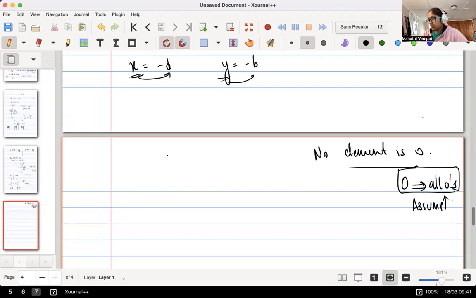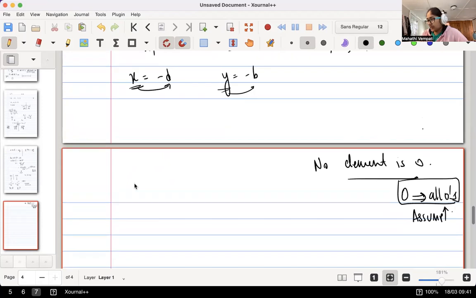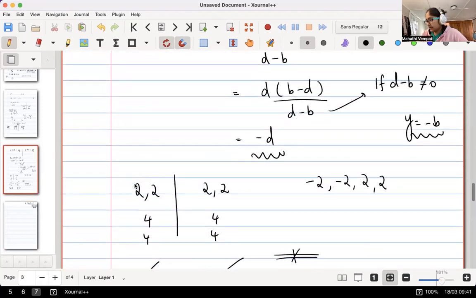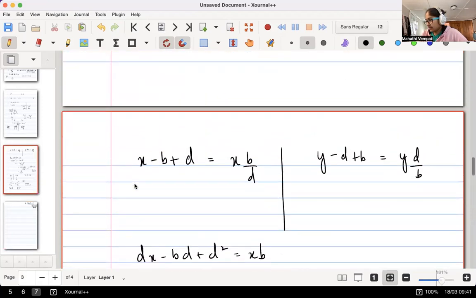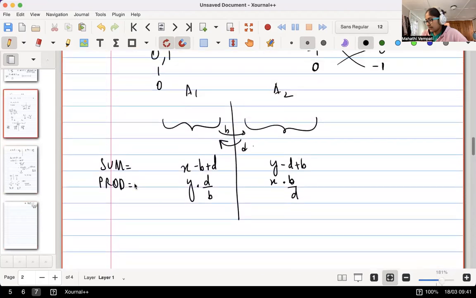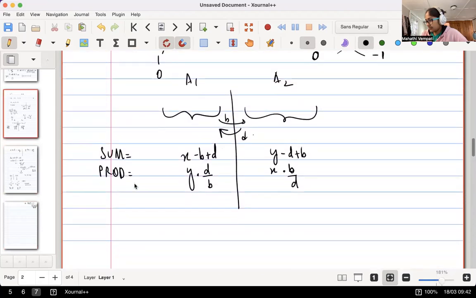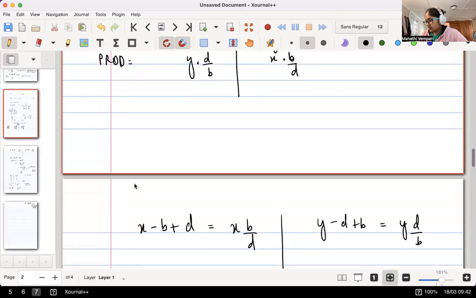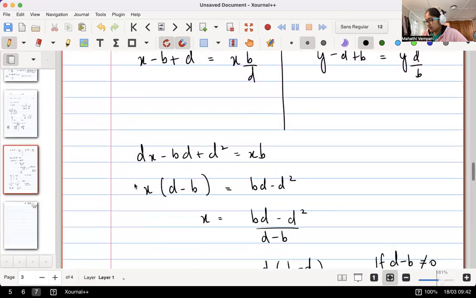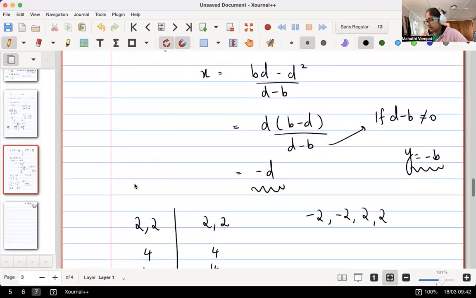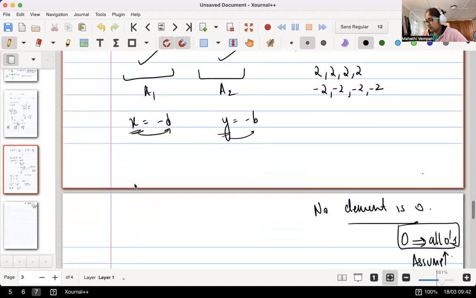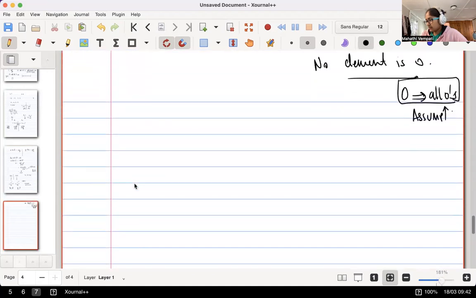This is an assumption. Why no element is 0? Because I'm claiming that sum is this, product is this. This implies that x is minus d.